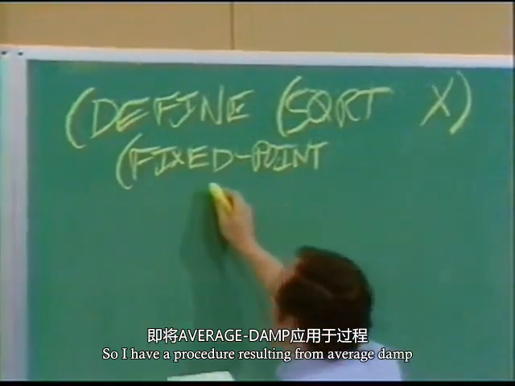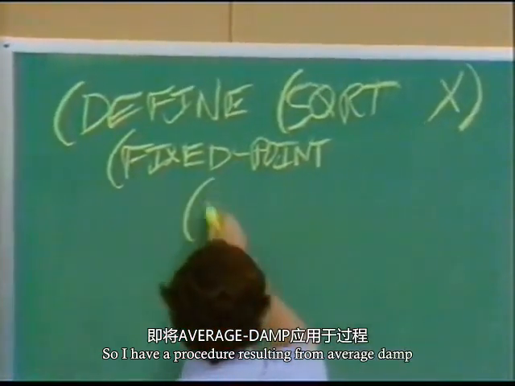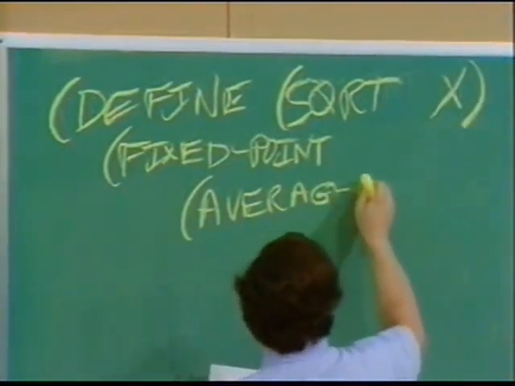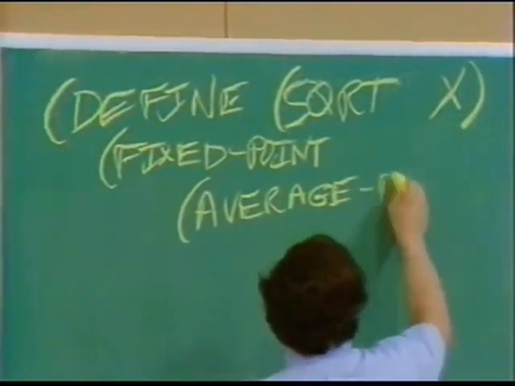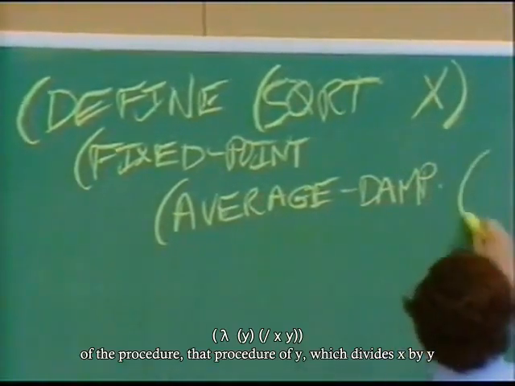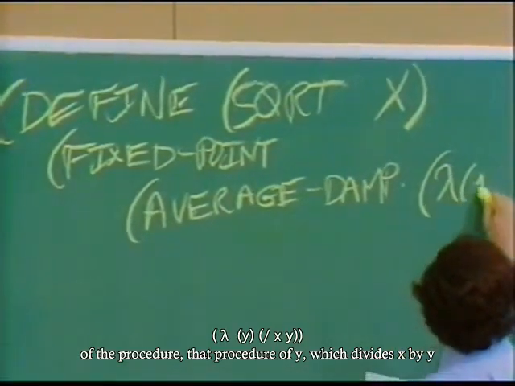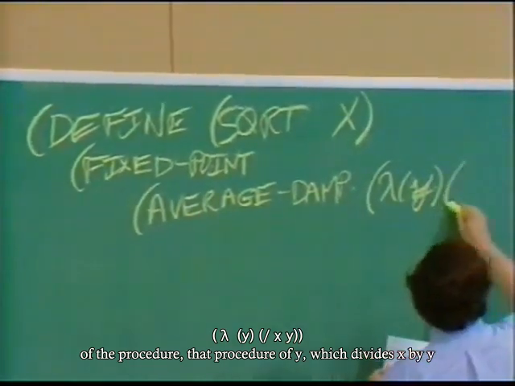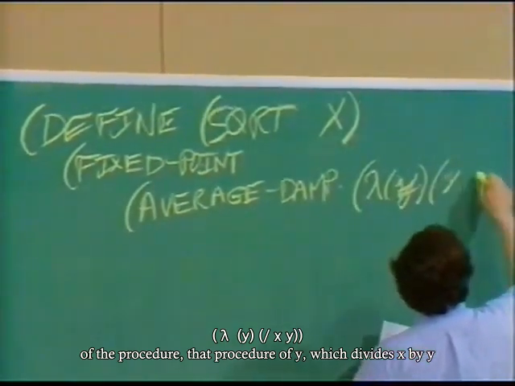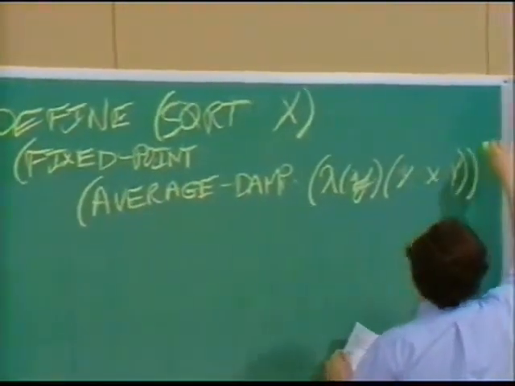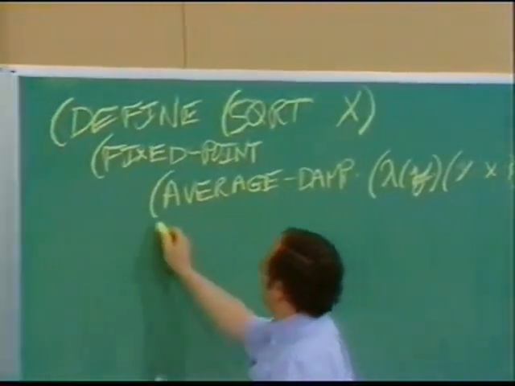Okay? So I have a procedure resulting from average damp of the procedure, that procedure of y, which divides x by y, starting out at 1.